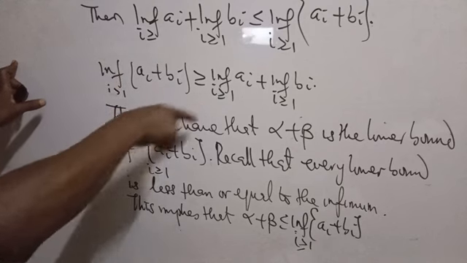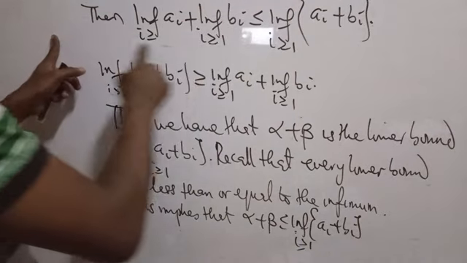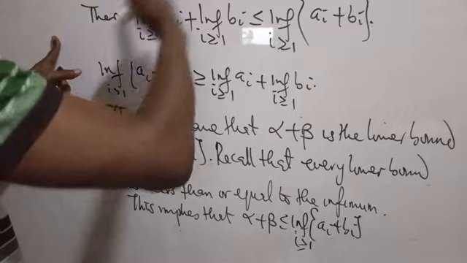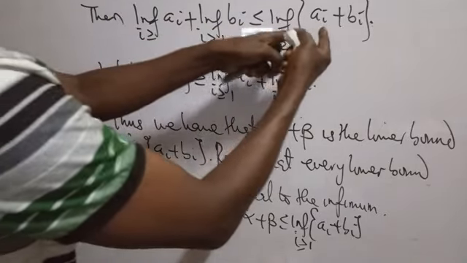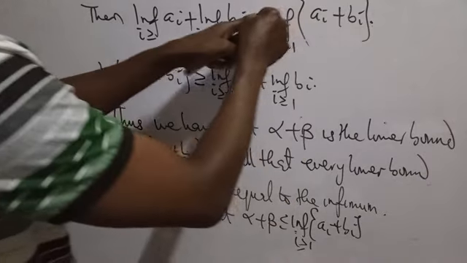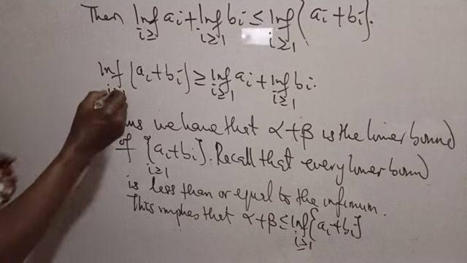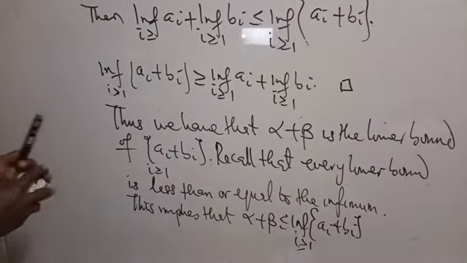So we have landed here, we have stopped here. If we now interchange, bringing this on here and that on there, you see that the infimum of the sum will be greater than or equal to the sum of the infima, which will give us this. So the proof is established.